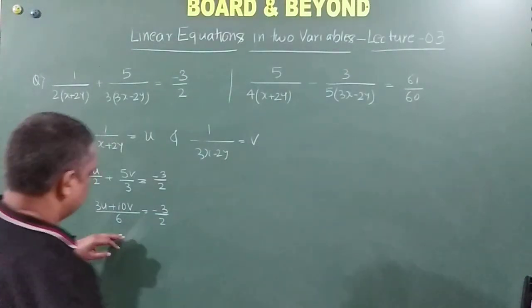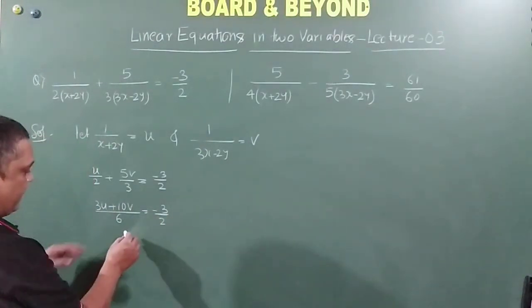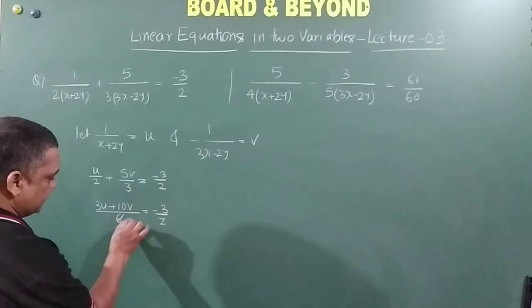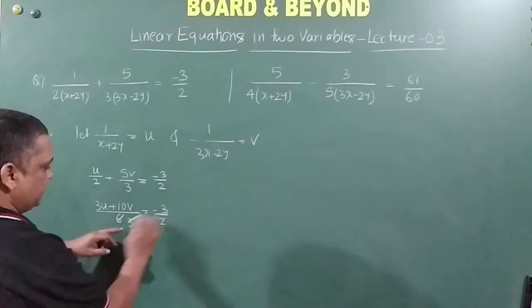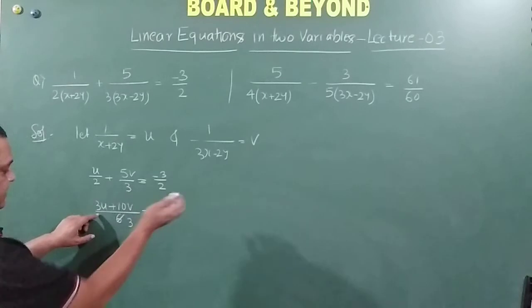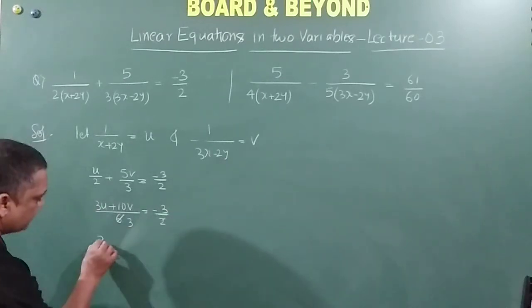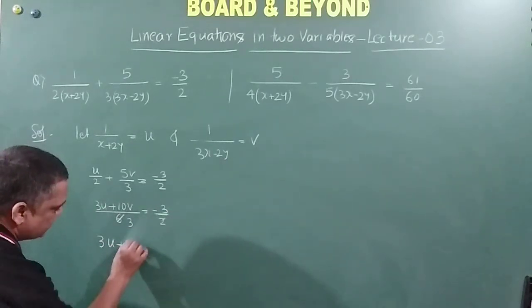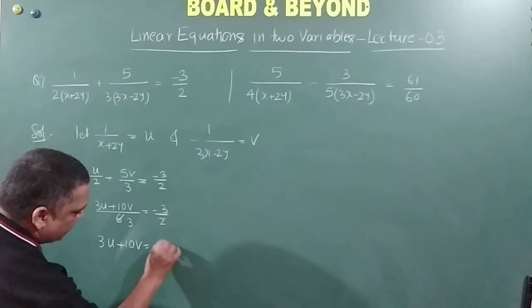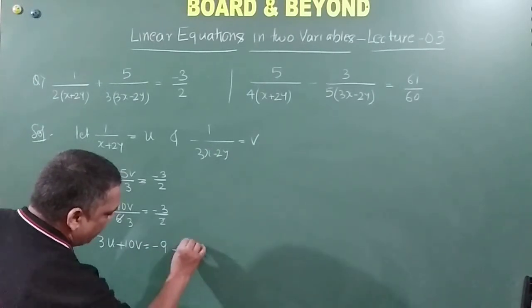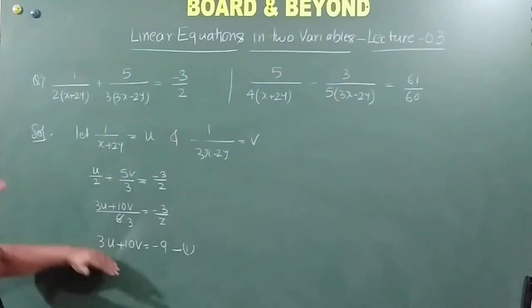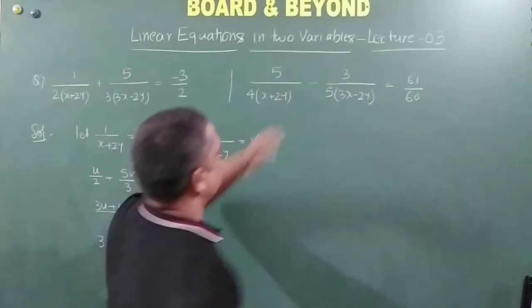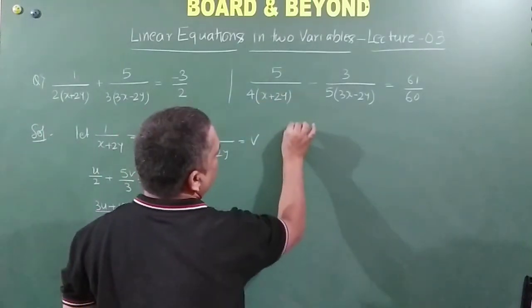So see, what we can do is that this and this can get cancelled. This becomes 3, right? So 3 into 3 is 9, minus 3 into minus 3 is minus 9. So what I can write, 3u plus 10v is equal to minus 9 is my equation number 1. Right, friends? This has come from here. Let's come to this side. This is how much?